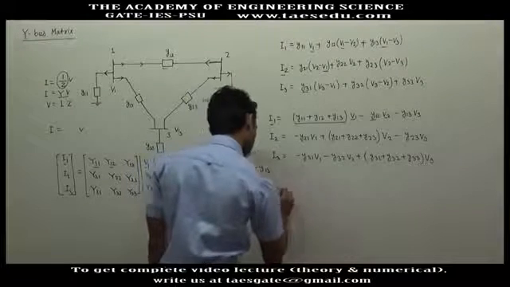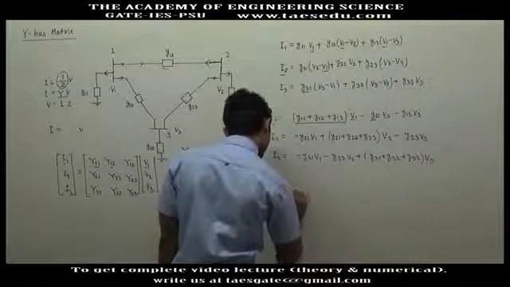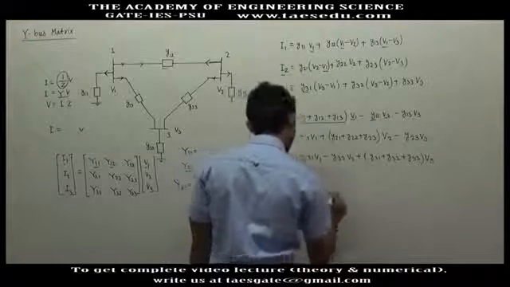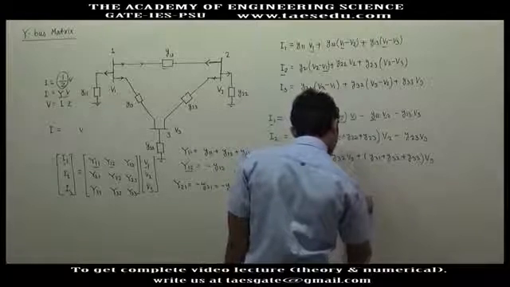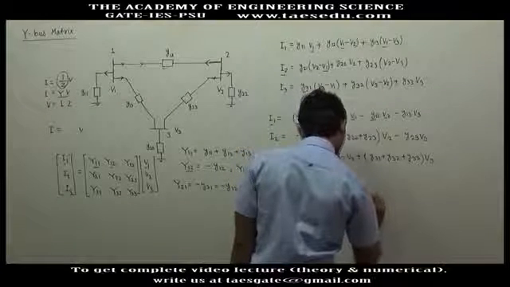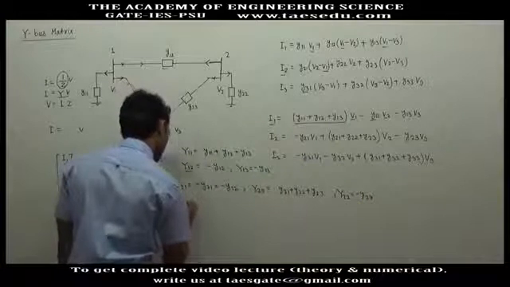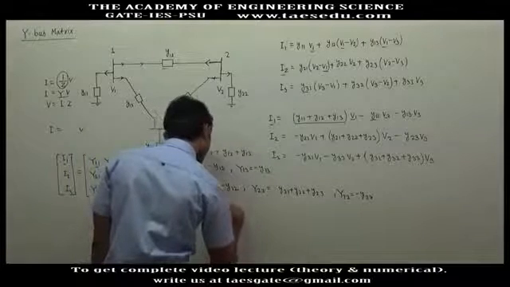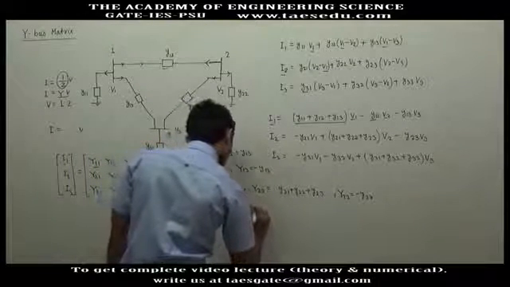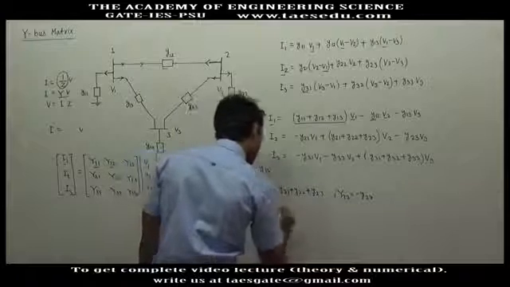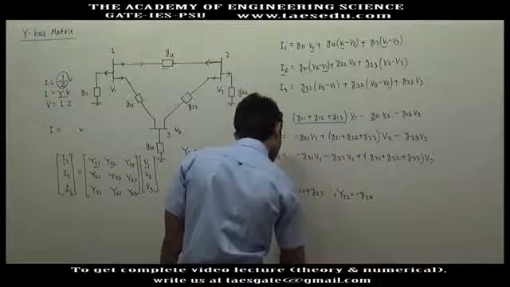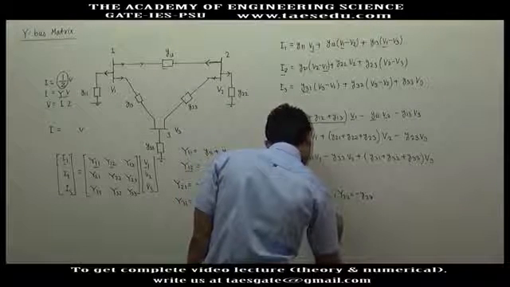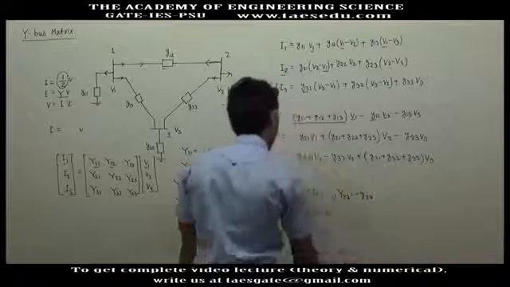Y22 will be small y21 plus small y22 plus small y23, and capital Y23 will be minus of y23. Y31 is minus of small y31. Y32 is minus of small y32, and capital Y33 is y31 plus y32 plus y33.